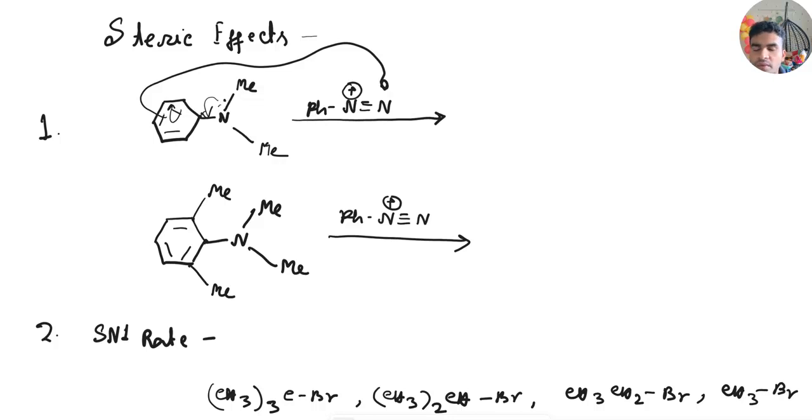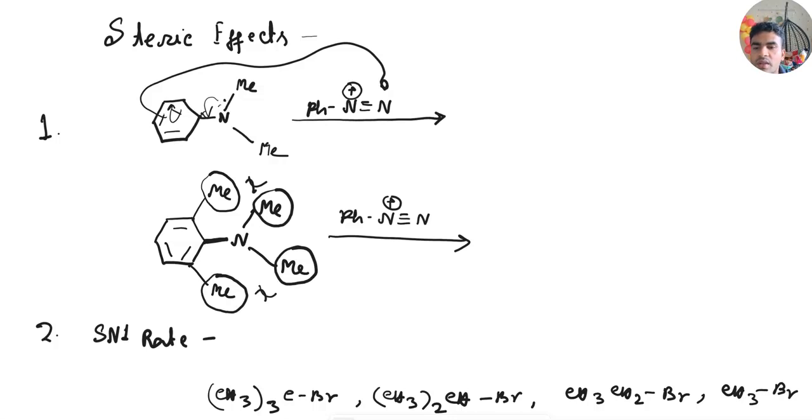But if 2 methyl groups are introduced at the ortho position, then what will happen? Due to these 2 methyl groups at the ortho position, rotation will take place around the C-N bond, and these 2 methyl groups will feel some steric hindrance.